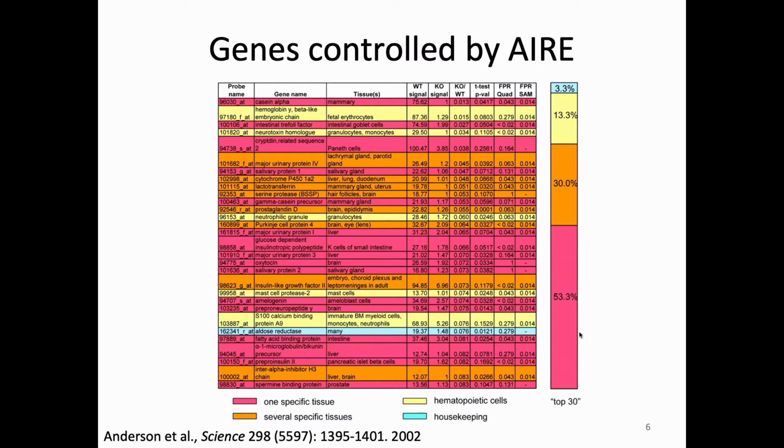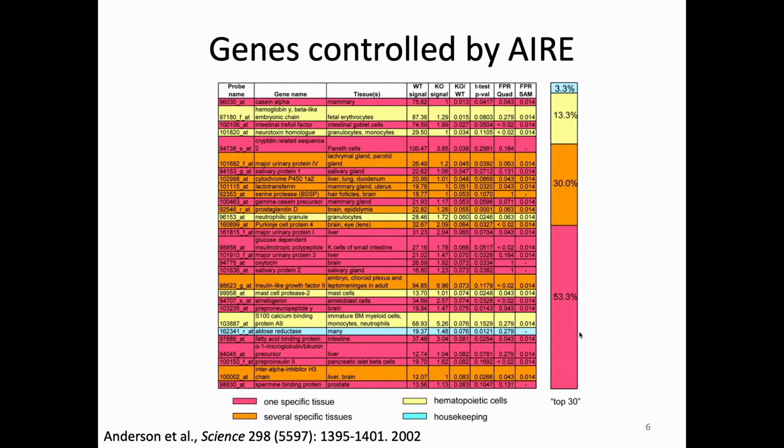Actually, these aren't patients, these are in the mice. And so these are some of the genes whose transcription seemed to be really messed up in the mouse thymus when AIRE was gone. And you can see that many of them are in red, which means that normally those are things we think of as being in one specific tissue.